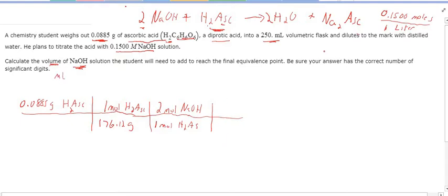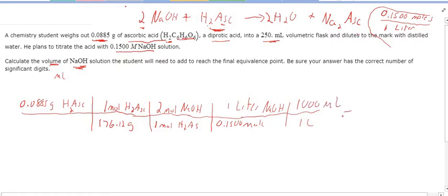And so I can use my conversion factor right here of the molarity, because I know that there are 0.1500 moles for every 1 liter of sodium hydroxide. And it's asking for a volume in milliliters, I believe, so I know that in 1 liter there are 1,000 milliliters.